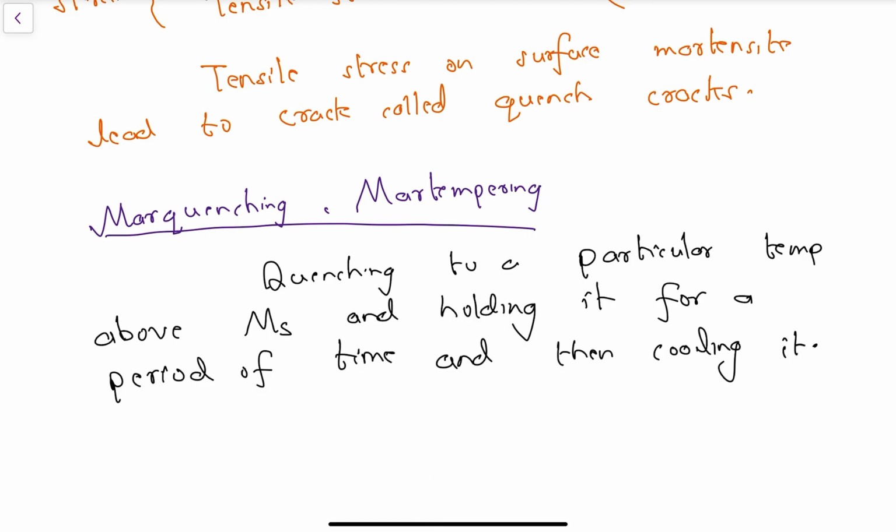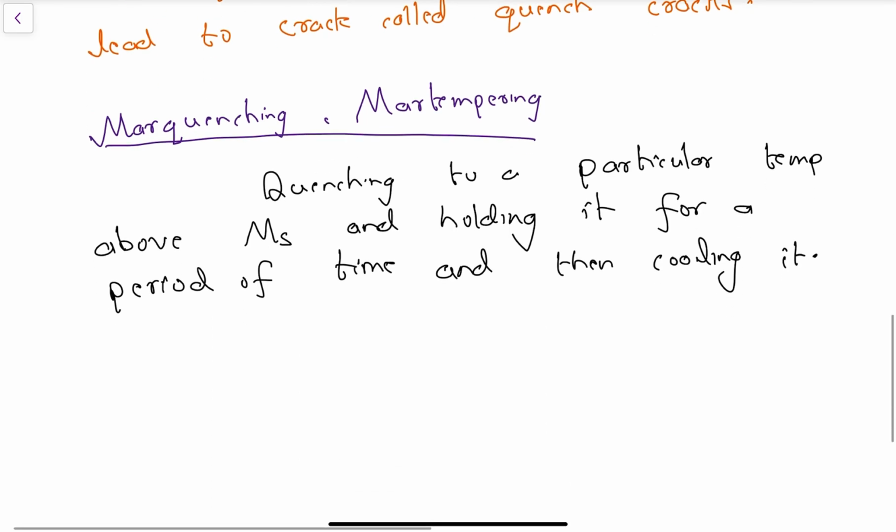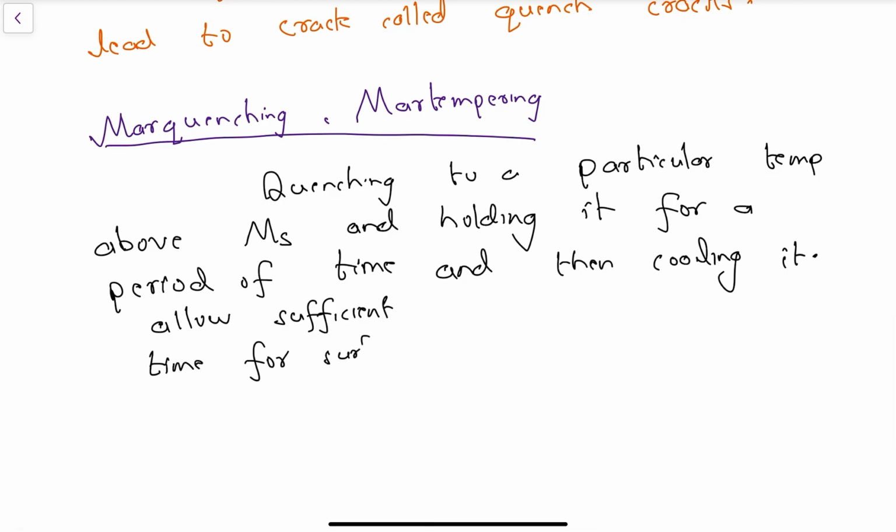By holding it for a period of time, we allow sufficient time for the surface and inner regions to transform to martensite. So this is called martquenching or martempering.